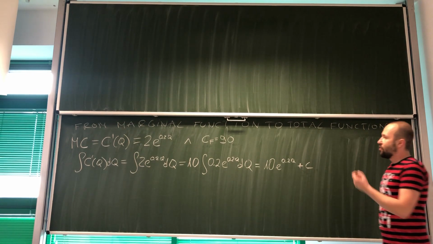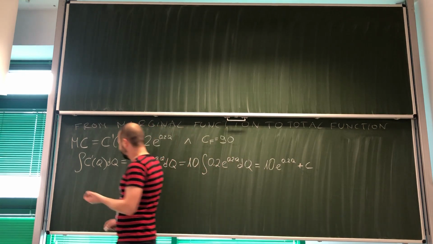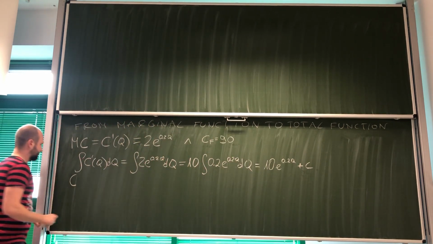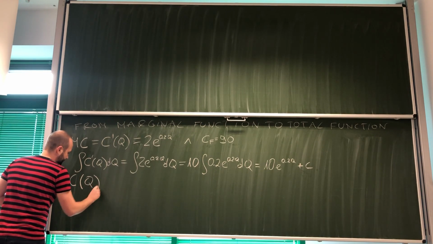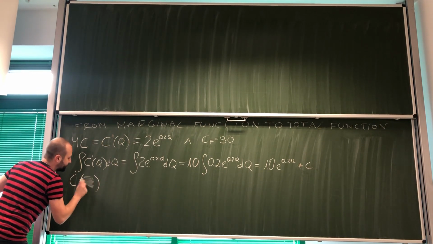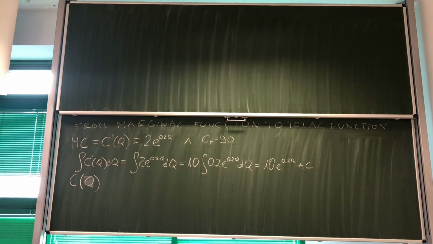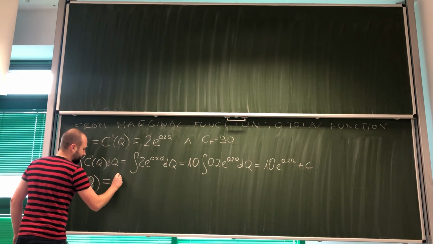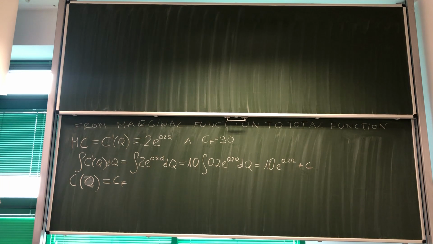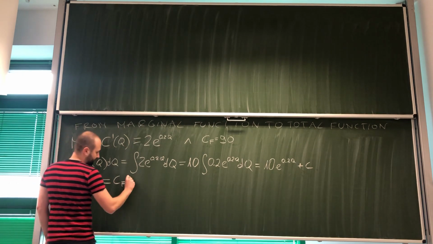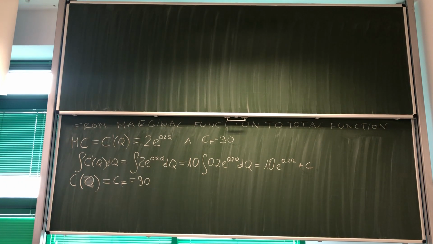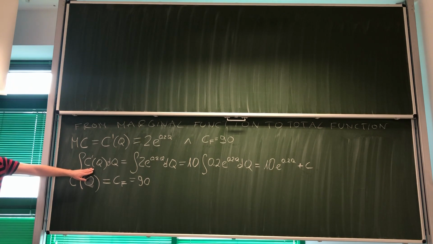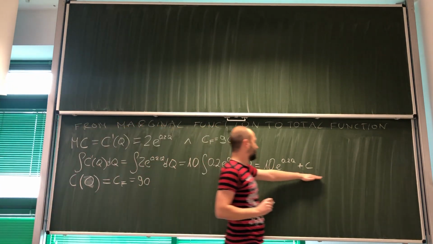We know that on one hand, total cost, if we produce 0 units, is equal to fixed cost, and fixed cost is 90. But we can also do the very same thing with the expression we've got here.